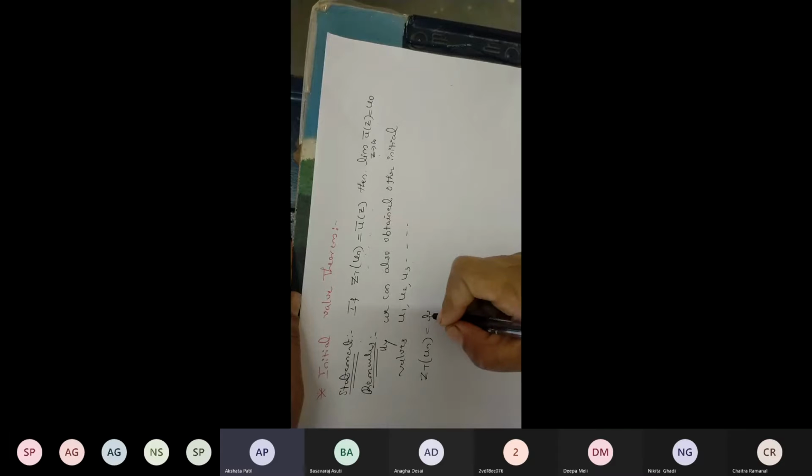The z transform of un is nothing but the summation, that is u bar of z, and the limit of u bar of z as z tends to infinity is equal to u naught.